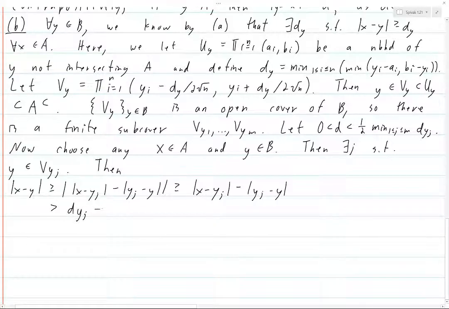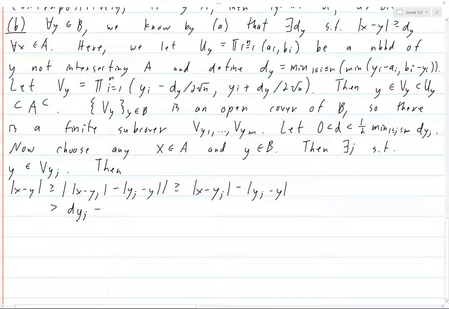So if we look at yj minus y, well, yj is in Vyj. And each Vyj, for each index, has a radius: it goes from yi minus dy over 2 root n to yi plus dy over 2 root n.